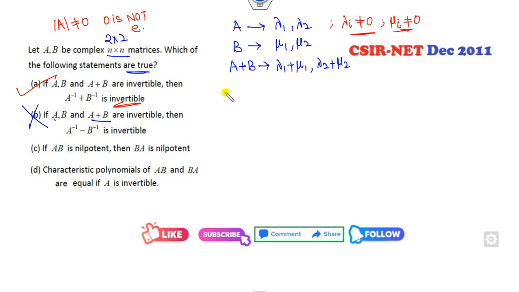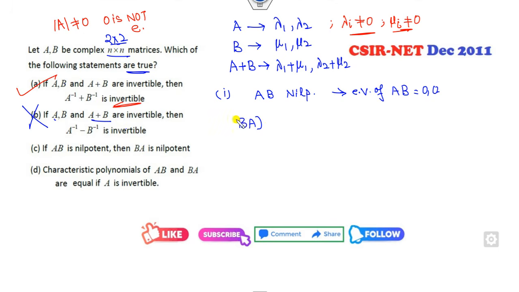Now AB, if AB is nilpotent, that means the eigenvalues of AB are 0, 0, if I consider a 2 cross 2 matrix. Fine. Then AB is nilpotent. How can you prove that BA is also nilpotent?